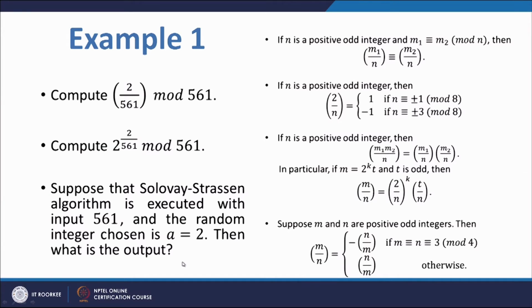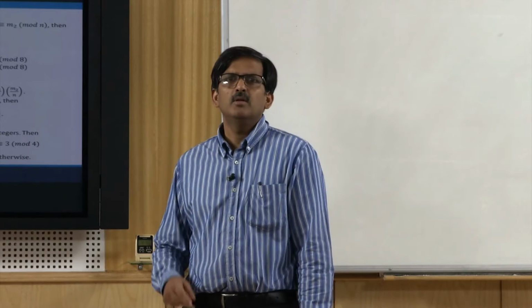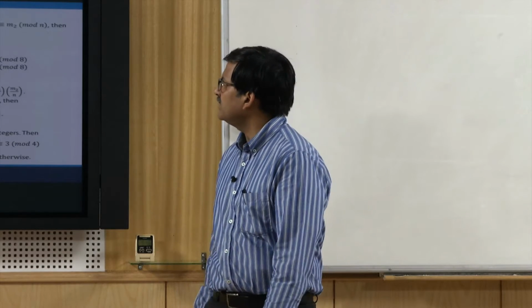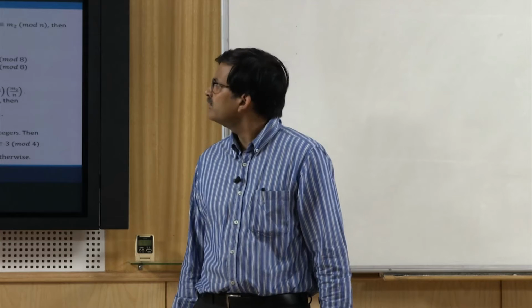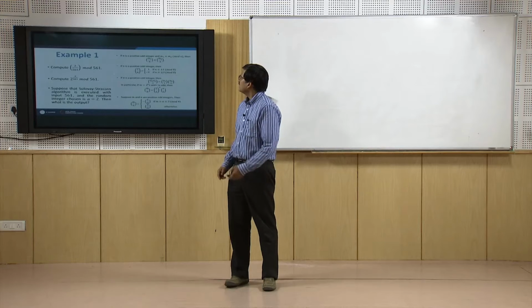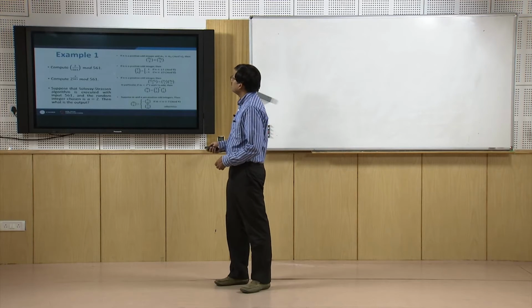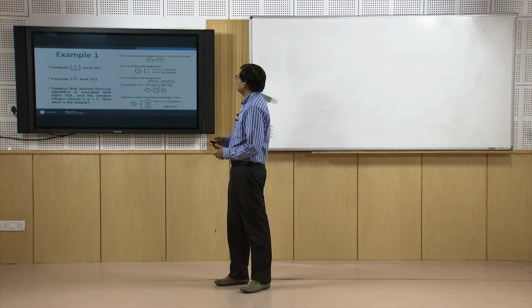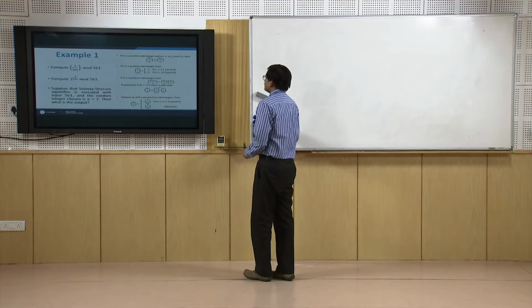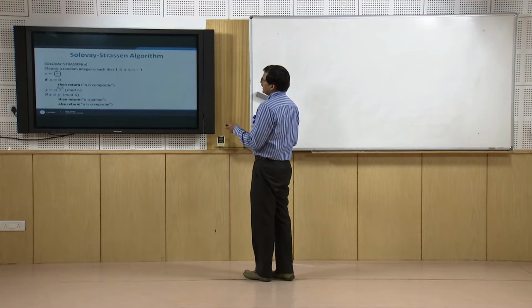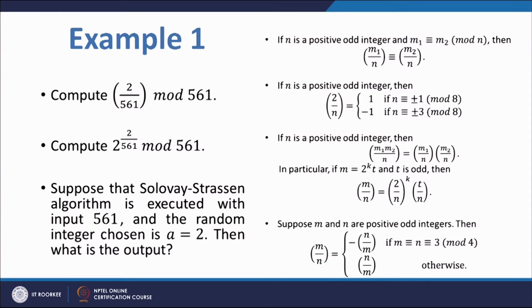So, to calculate the output we have to calculate two things: the Jacobi symbol 2 by 561, and also calculate a raised to the power (n minus 1) by 2 mod n; there is a misprint here, n is 561.